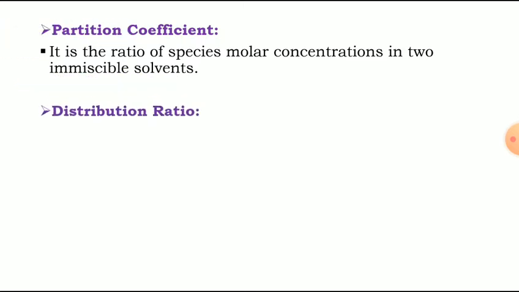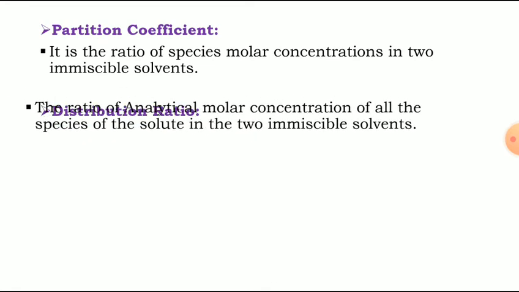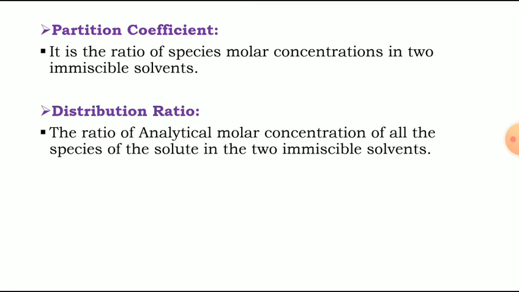Now the distribution ratio. It is the ratio of the analytical molar concentration of all the species of the solute in the two immiscible solvents. This is the definition of the distribution ratio: the analytical molar concentration of all the species of the solute in the two immiscible solvents.